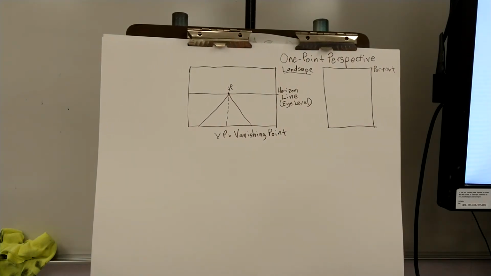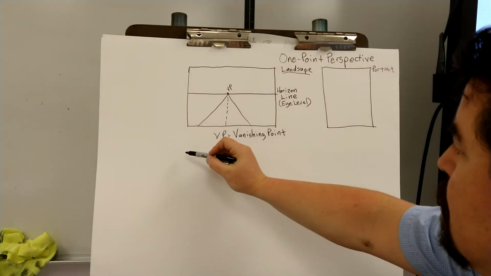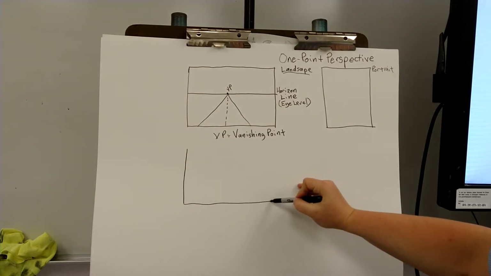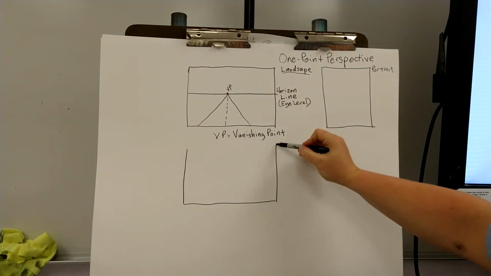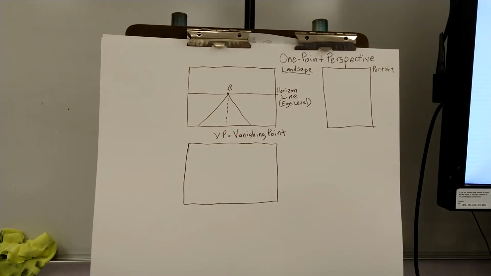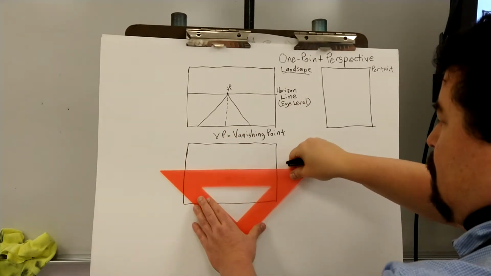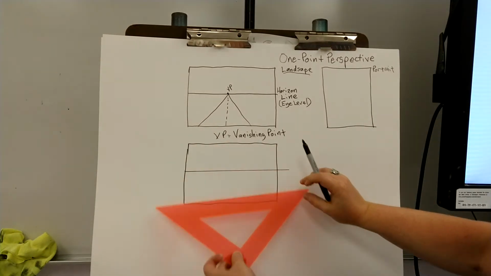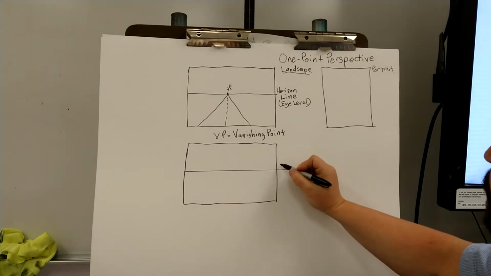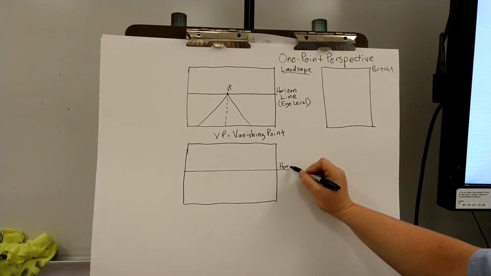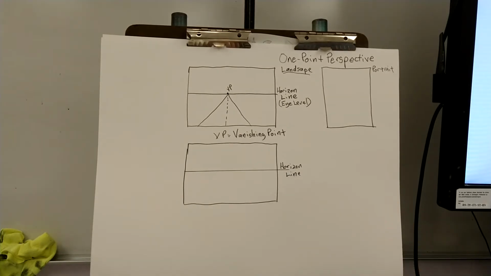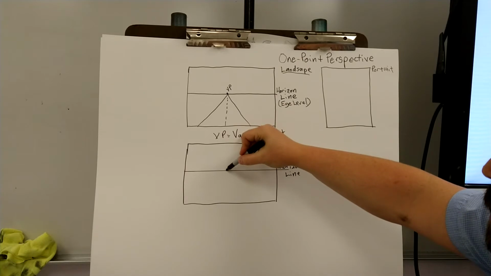Now we are going to make cubes. So again, we're going to make the paper landscape. And you can use a ruler. This is a straight edge, but you can use a ruler too. So the first thing we draw, horizon line. And then remember, things eventually disappear on the horizon line, and that is called our vanishing point.